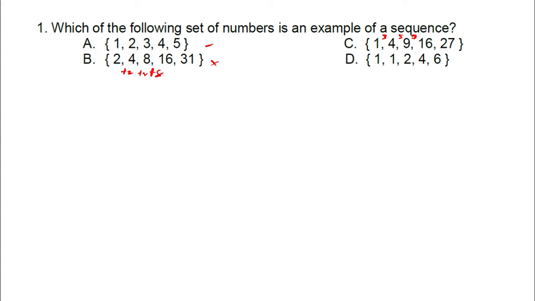So there's no pattern here. In letter D, 1, 1, 2, 4, 6, it's very obvious that it's not a sequence. So the answer for number 1 is letter A. It's very obvious, right? 1, 2, 3, 4, 5. It's counting numbers, so it is a sequence.